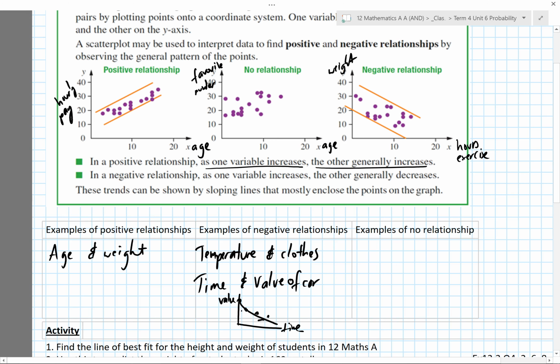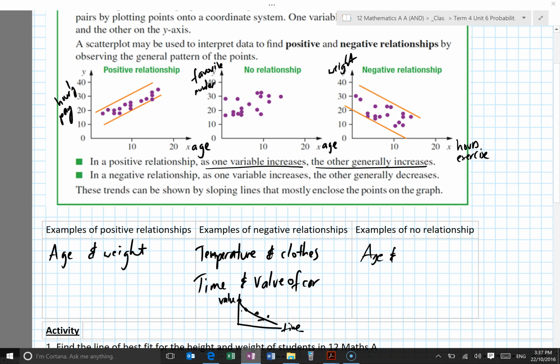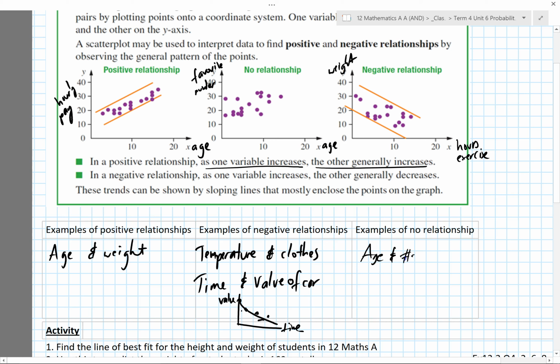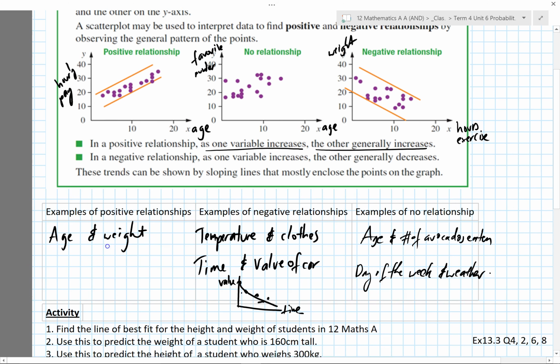Examples of no relationship, you could think of lots of things like age and number of avocados eaten, or maybe the day of the week and the weather. All these sorts of things where there's just no relationship between the two variables. It just looks like a random collection of dots. So they're the three: positive, no, and negative relationship.